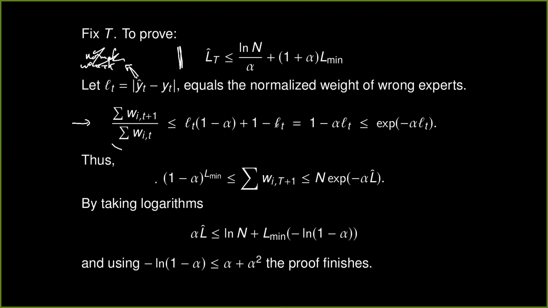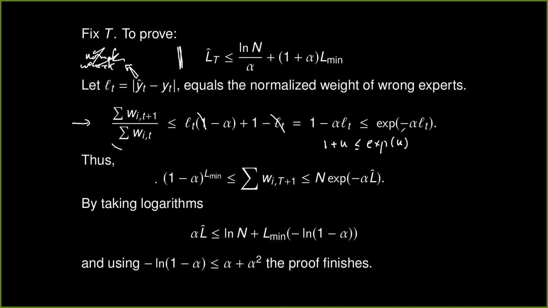Now the LT cancels with this 1, and what remains is 1 minus alpha LT. And now we use this rule: 1 plus u is bounded by exponent of u. This holds both for positive and negative real numbers u. And so this explains this last inequality. Now we managed to upper bound the decrease of the weights by something smaller than 1. So if we make a lot of loss, this factor will be small.